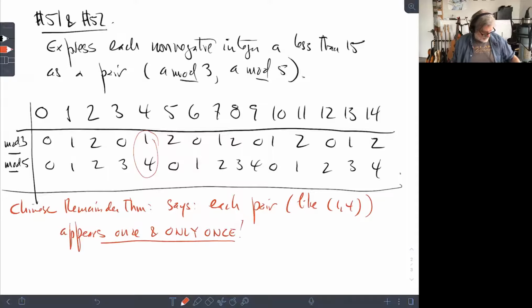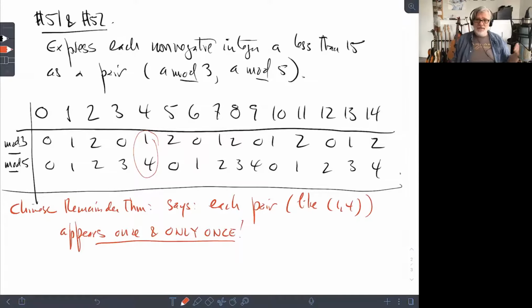That's a consequence of the Chinese remainder theorem. Congruent to, let's say, i mod 3 and congruent to j mod 5. 3 and 5 are relatively prime, so there is a unique solution mod 3 times 5, which is 15.